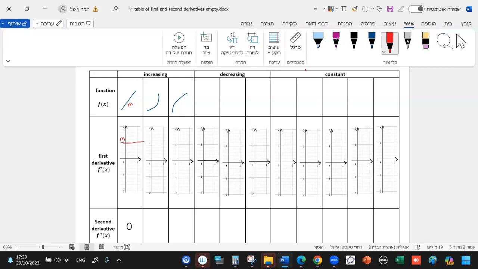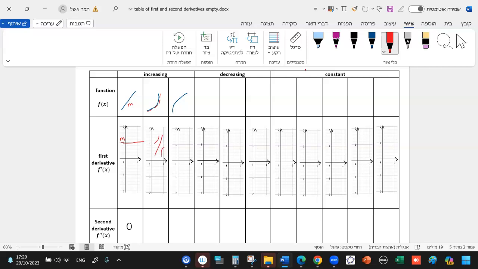Second type of increase, we can see that the gradient here is positive and it is increasing. First derivative looks like this. Positive, increasing. We don't know exactly how it is increasing. It could be this way or this way, but it doesn't matter.